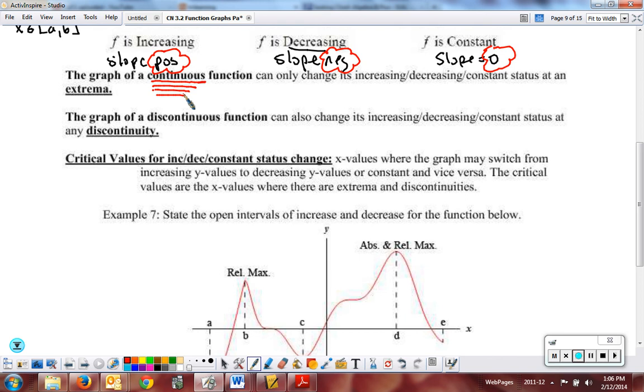However, if I have a discontinuous function, something that has holes, jumps, gaps, things like that, you can also change at any type of discontinuity. It doesn't have to actually be an extrema.